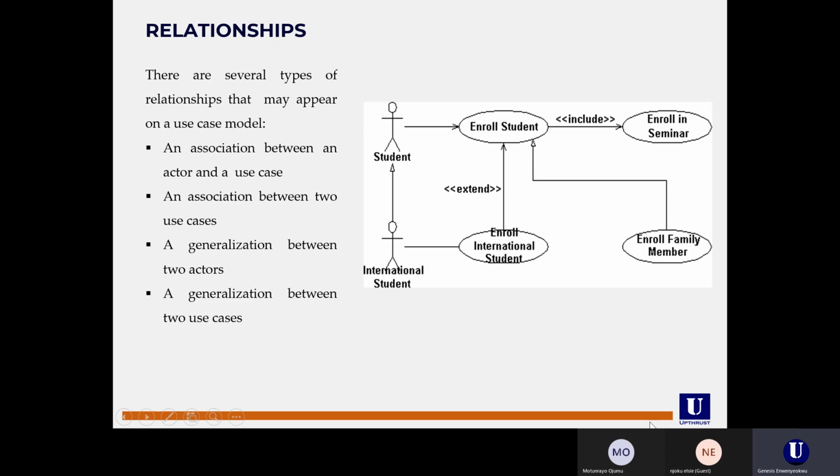But an MSME borrower will fill his personal information, financial information, business information, and the loan request. It means that the MSME borrower is filling additional information or is performing an additional function on the system that the individual borrower is not performing.